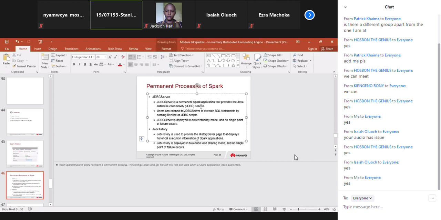It is a permanent Spark application that provides Java database connectivity service. Note that one will come. When you're using JDBCServer to execute SQL statements by running something we call beeline and the JDBC script, these things you see them when we are doing the practicals.